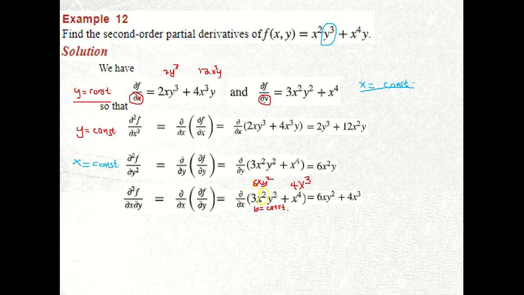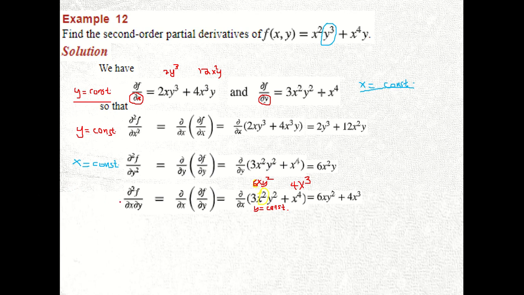All right, so when we got this one, we held x as constant. Then after that, when you take the derivative of this again with respect to x, y is constant. So the sequence here is x first, and then y constant.